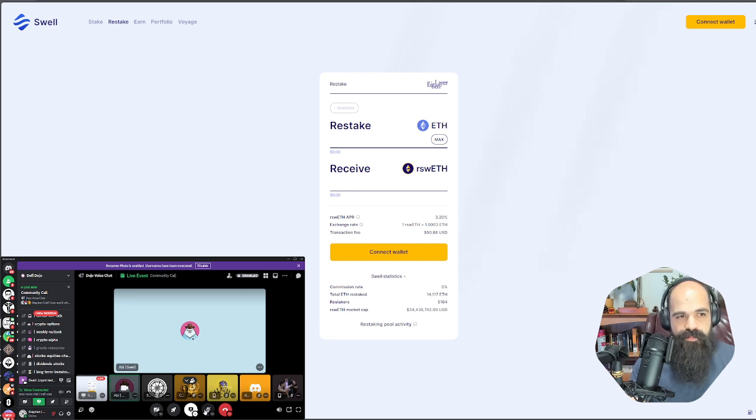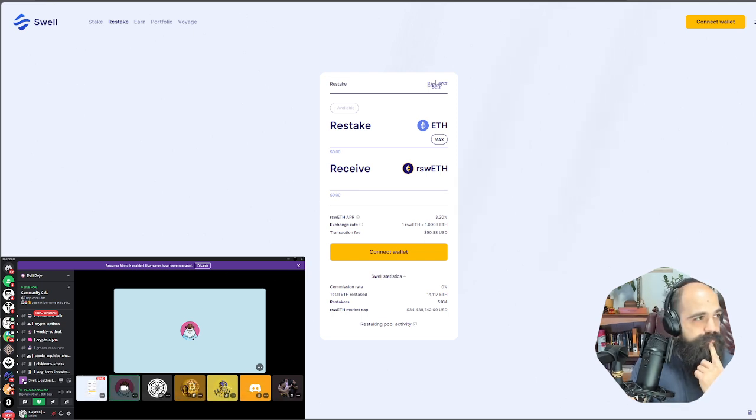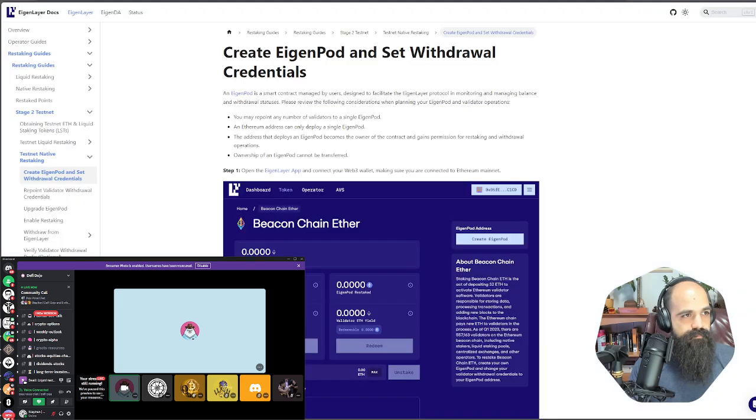Yeah, sure. So an eigenpod is essentially a smart contract that facilitates the withdrawal from a beacon chain validator back to the user. The traditional use case before LRTs was essentially to enable users to spin up their own node and then restake into EigenLayer.